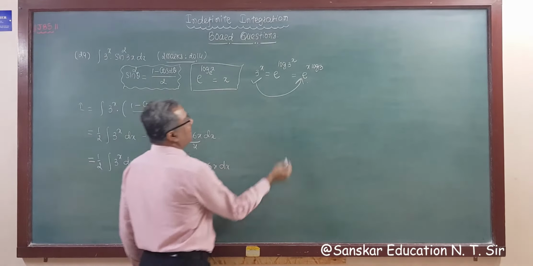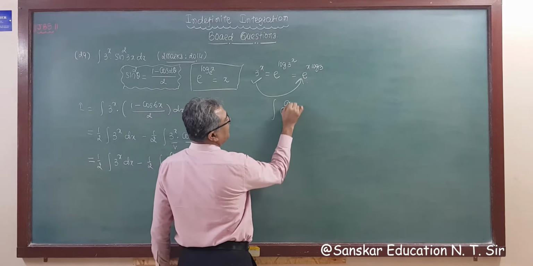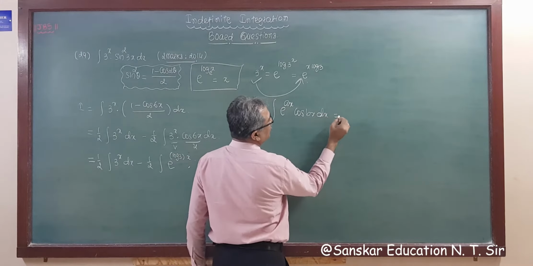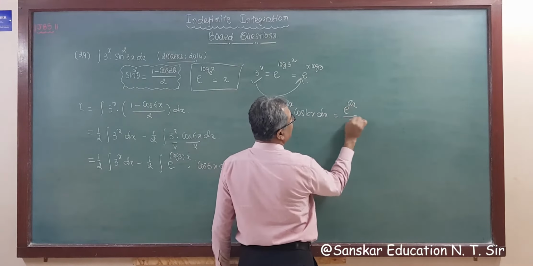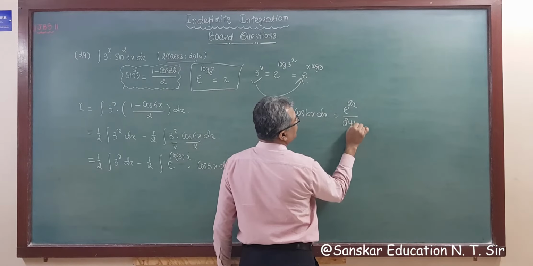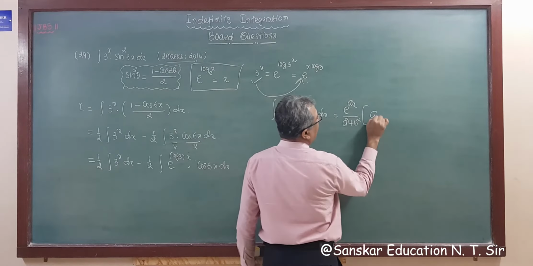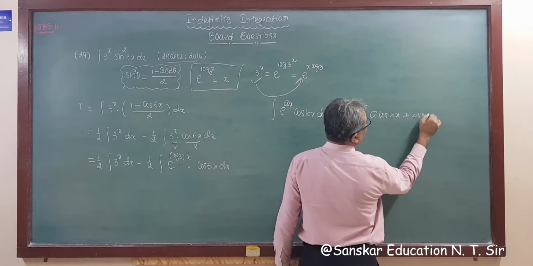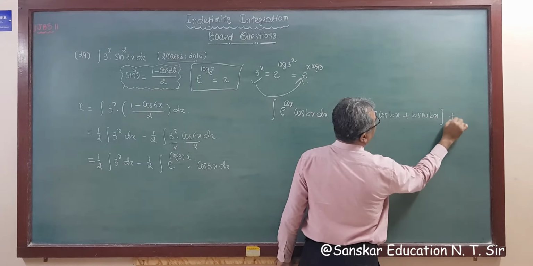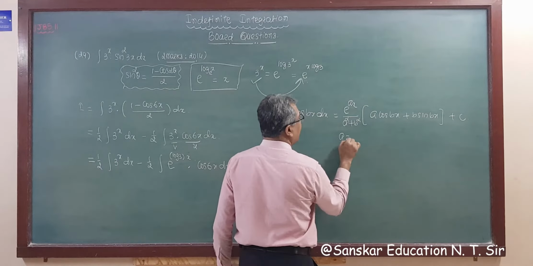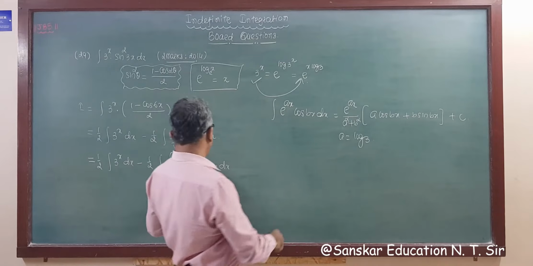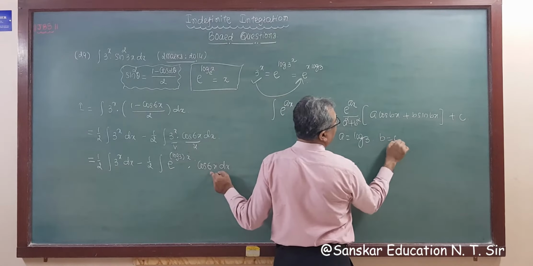So now you have another formula: integration of e raised to ax cos bx dx is equal to e raised to ax upon a square plus b square into (a cos bx plus b sin bx). This is the formula. So here, comparing with this, a is log 3 and b is 6. So apply this formula.